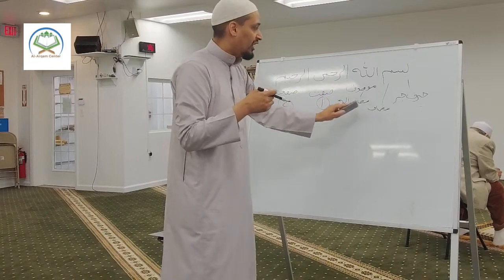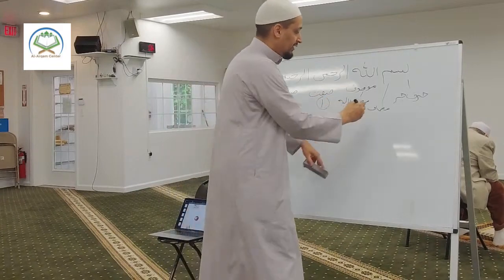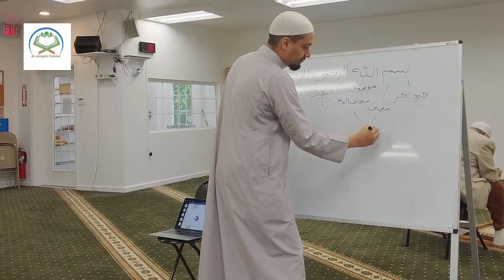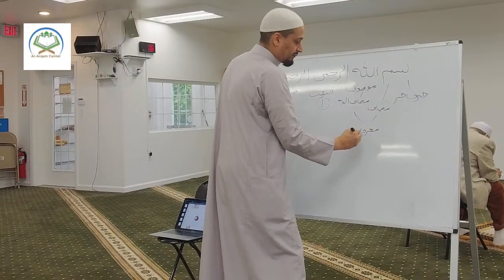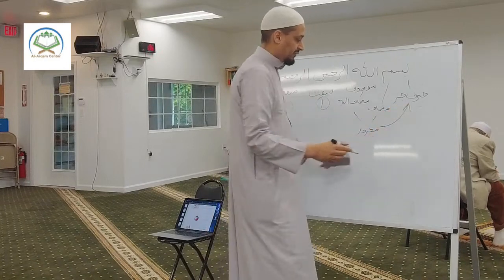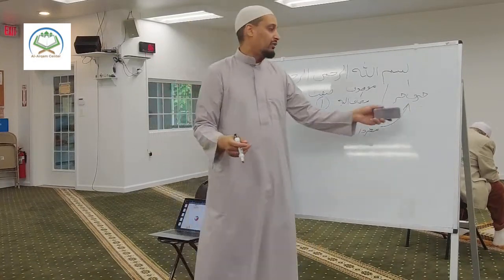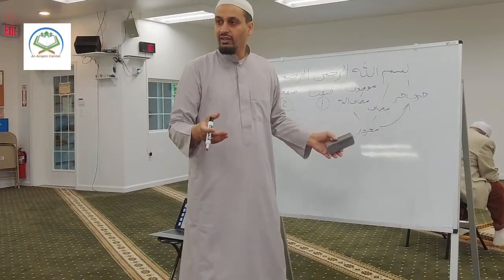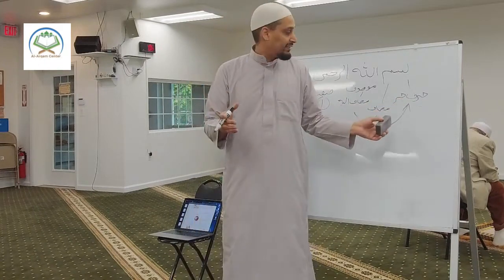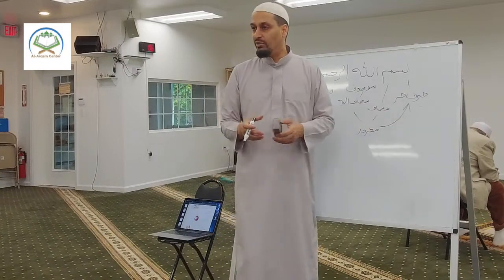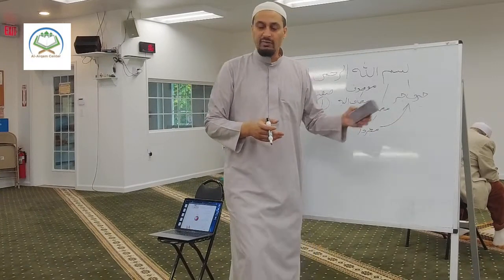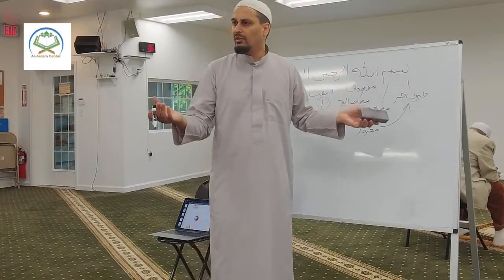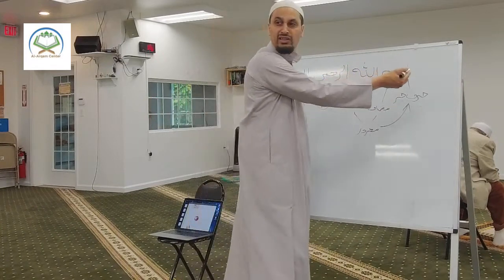You join this mudaf ilayh and it becomes majroor of this harf jar. Now, when something is harf jar and then it's majroor after, it has to link up to a verb. Because when we translate it, in the name of Allah, what am I doing in the name of Allah?